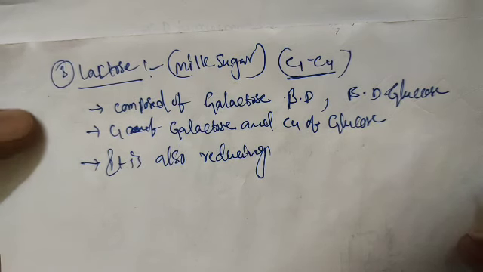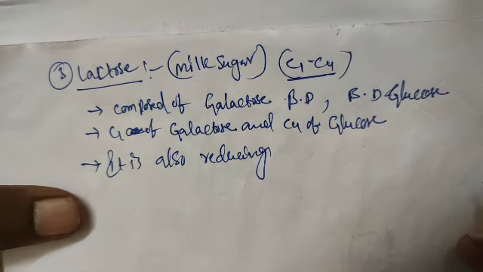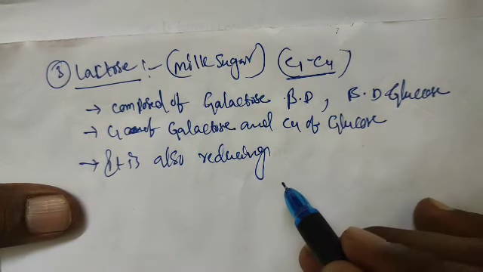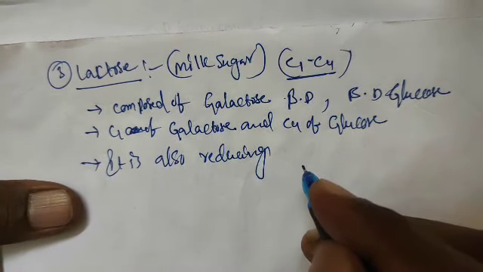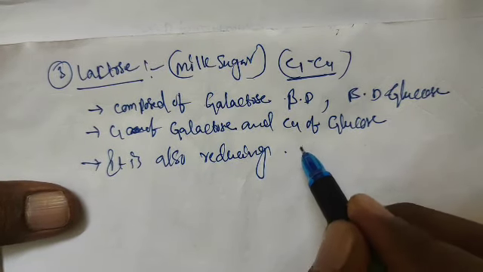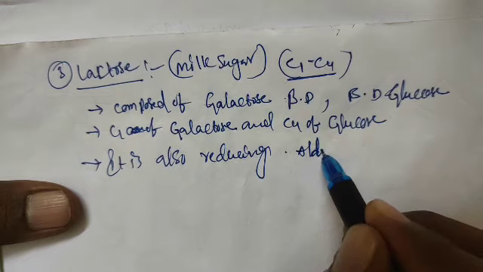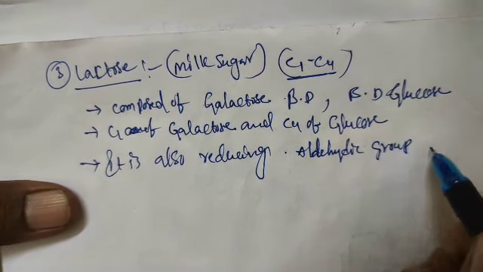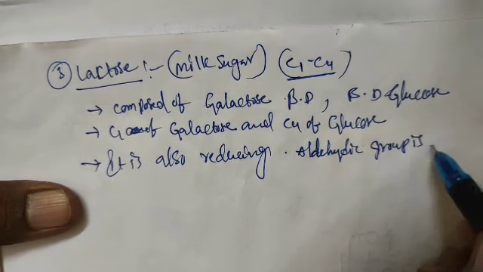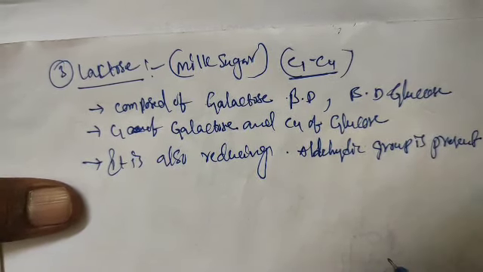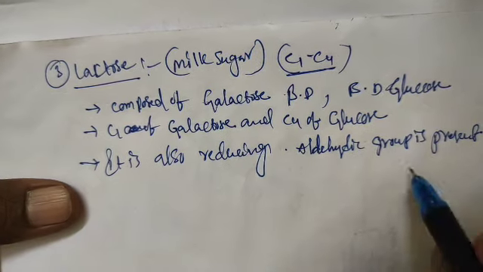One is maltose, second one is lactose. These two are reducing sugars. Why? Because they have a free aldehyde group. So I will show the aldehyde group again. This one is also a reducing sugar. Aldehydic group is present.